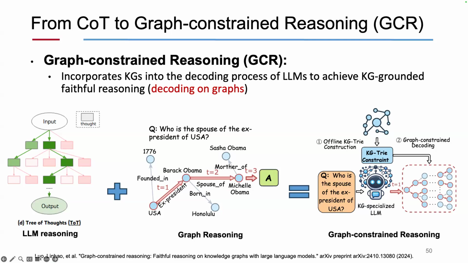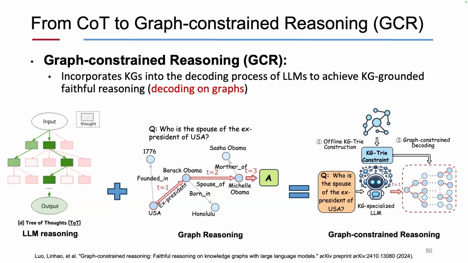Also in the graph reasoning domain, there are now lots of agent-based methods. Basically, we ask the LLM to act as an iterative agent. We start from a certain entity on the graph, for example, USA. Then, based on the structure, it will select the most possible entity for the next step.